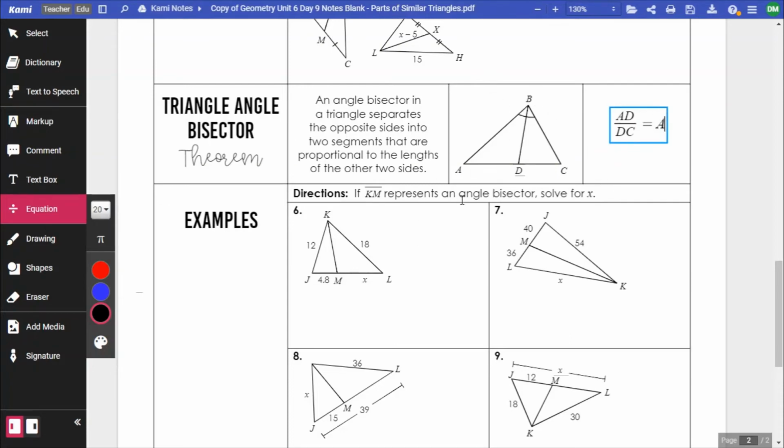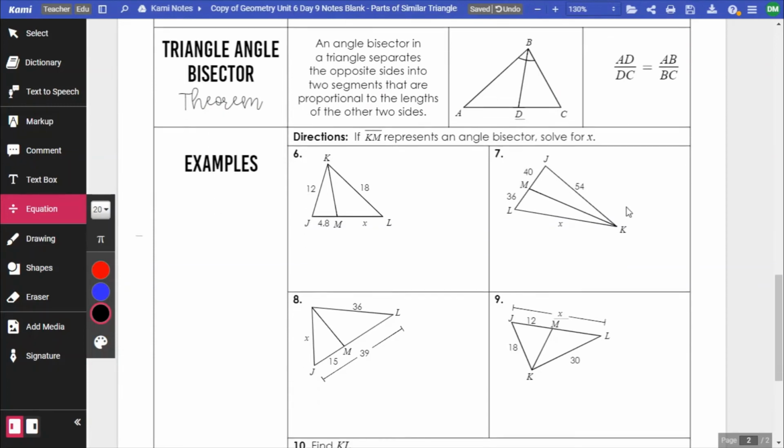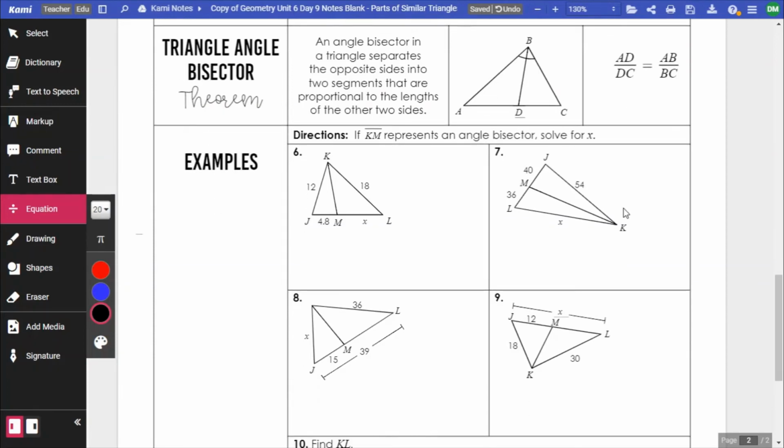And this only works if we have an angle bisector. So AD over DC, these two parts that are being made by the angle bisector, is equal to AB over BC.